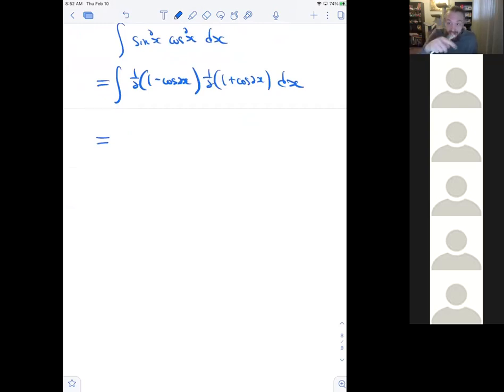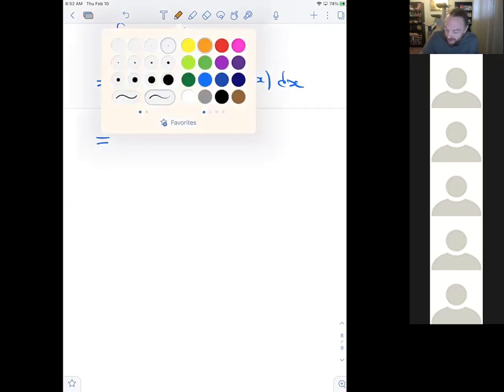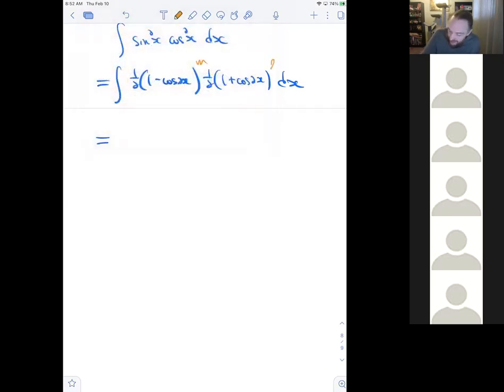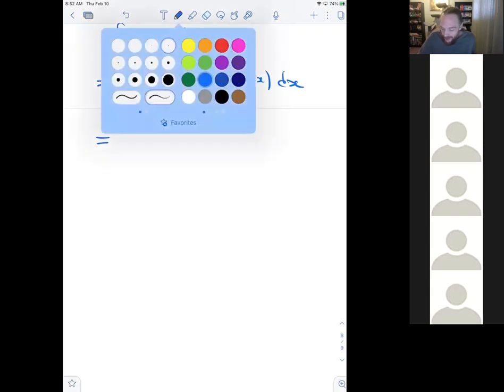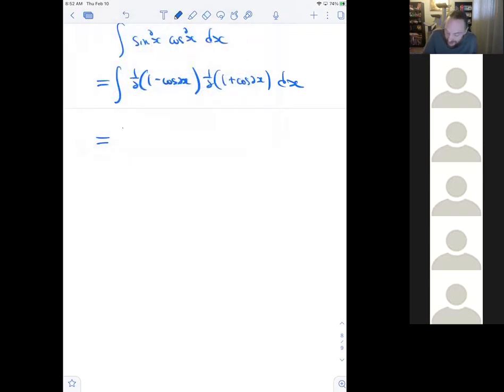If we had magical powers up here, M and L or something like this, then we would have to FOIL everything out first and then multiply them together. I gave myself the first power so I didn't have to do that. But now what are we going to have to do? Multiply this together. That gives me 1/4 the integral of, it's a difference of squares, so 1 minus cos squared 2x dx.